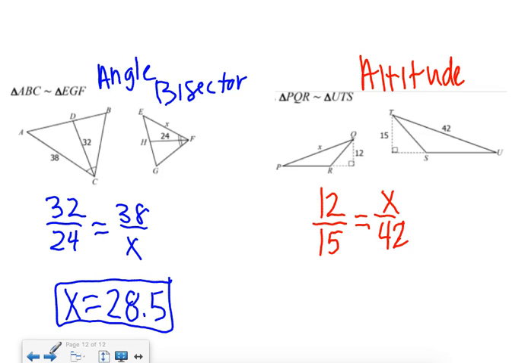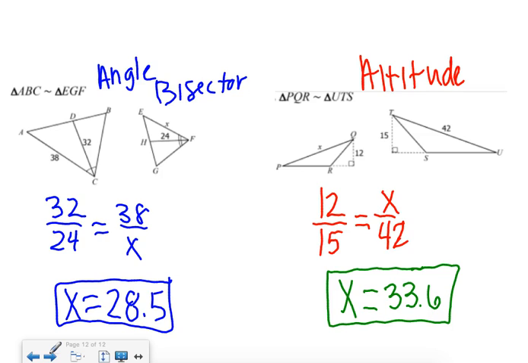Cross multiply. I got 33.6. Anyone want to second that? Seconded. Thirded. Yes, we can do proportions all day.